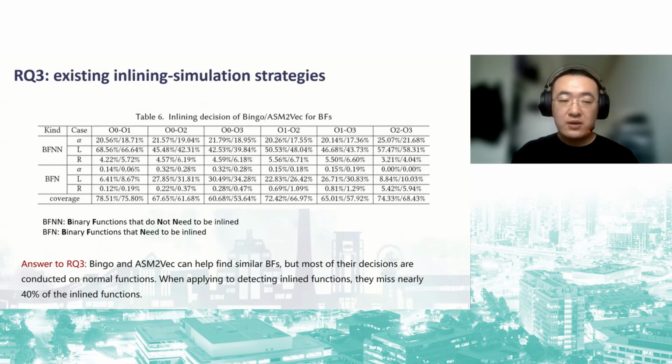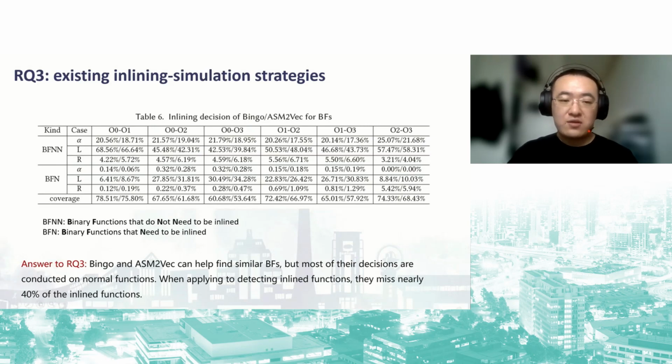And third, we answer the performance of existing inlining simulation strategies. And here we select 2 methods, including Bingo and Asm2vec. They have designed some rules to inline binary functions to simulate the function inlining during compilation.